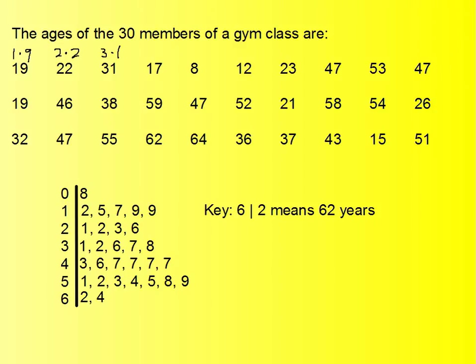Meaning that all of these numbers might have been decimal numbers, and so you would have still got the same results here, but in this case, then 6 line 2 would have meant 6.2, right? And it would have been a very different set of data. So you must always include a key.